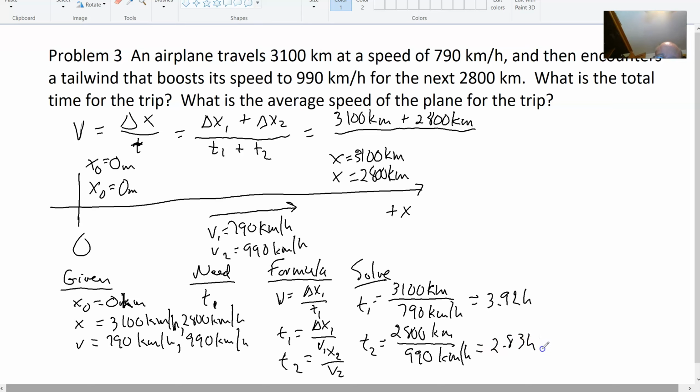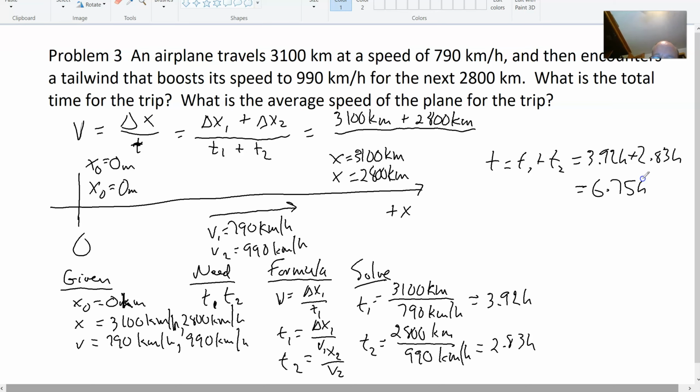Okay, and so then my total time, which is what they asked us to find first, t equals t1 plus t2 equals 3.92 hours plus 2.83 hours, which is going to equal 6.75 hours.